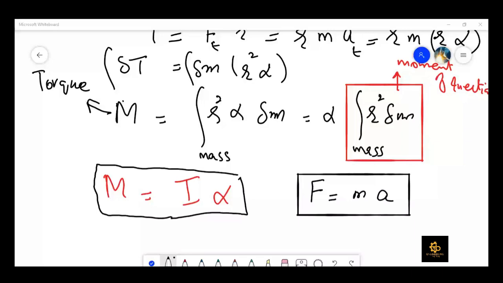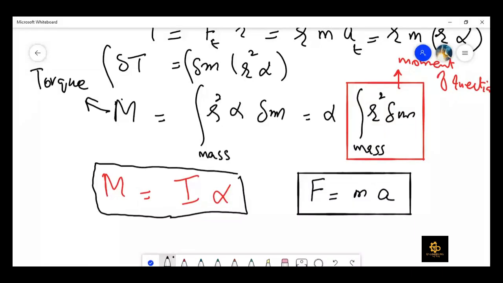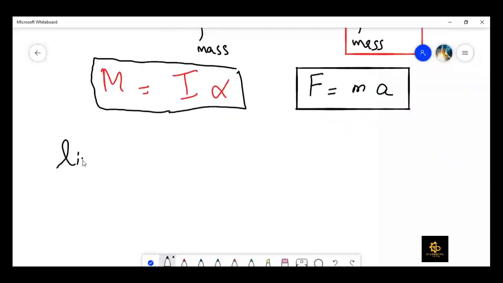Before we discuss the angular momentum, what is the linear momentum of a body? We all know that linear momentum of a body is mass into velocity, the linear velocity, and the direction of the linear momentum would be the same as the direction of velocity.